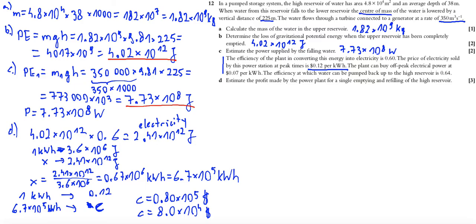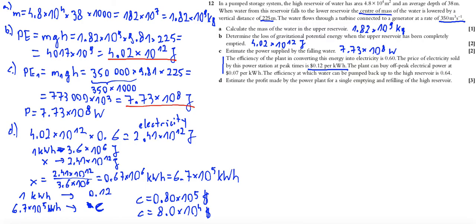So now we have the same water, the same amount of water, which must be pumped up, but with efficiency of 0.64. So now we have to calculate the amount of electricity which is needed to pump it back. Okay, so we have to do the same calculations but in opposite way.